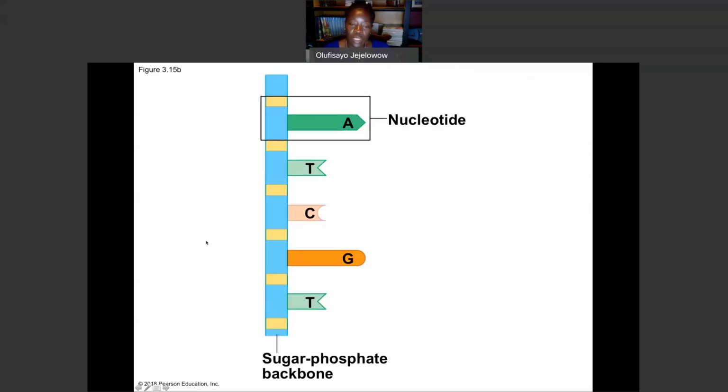So in the DNA or RNA, the sugar and phosphate part of the nucleotide will form the backbone of the chain, and the nitrogenous bases will stick out on the side, and so they can interact with other nucleotides and so on. So this is adenine, thymine, cytosine, guanine.